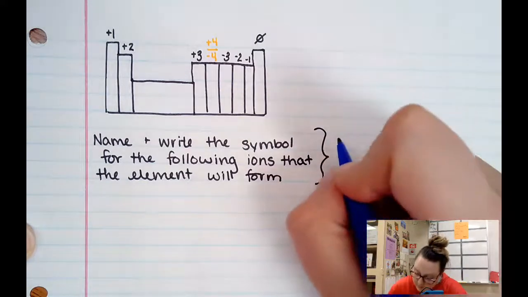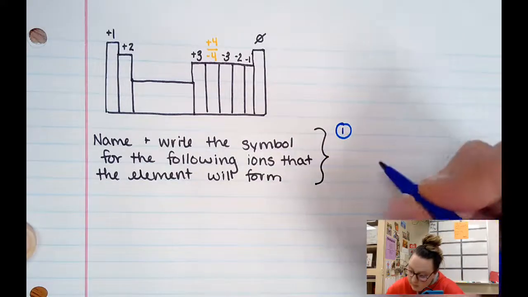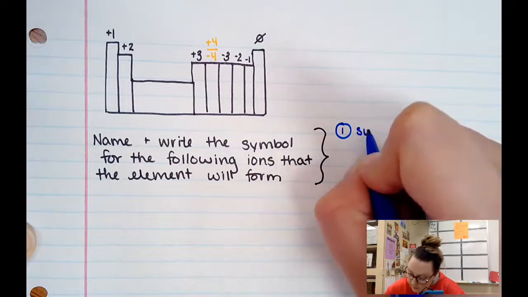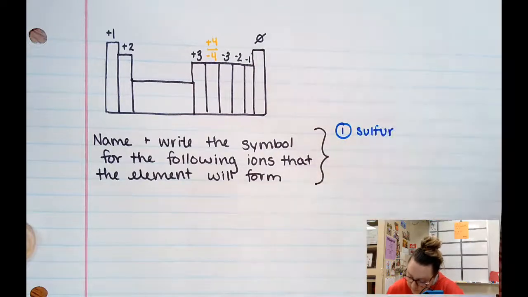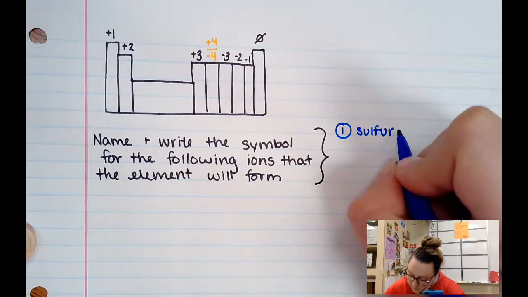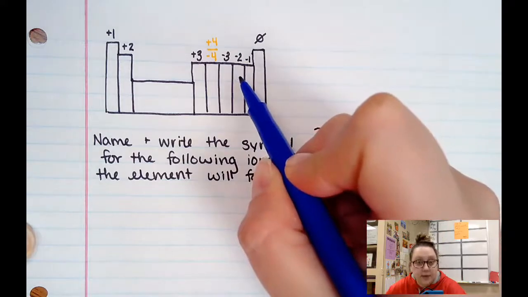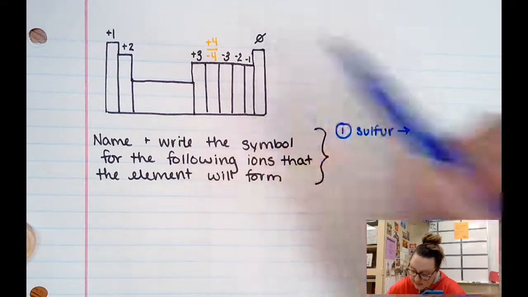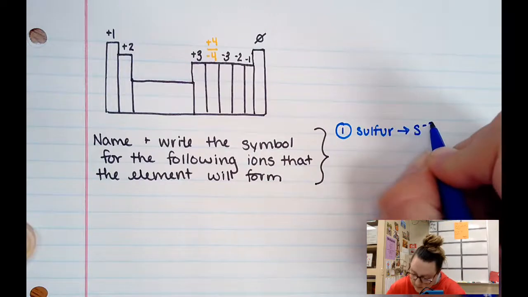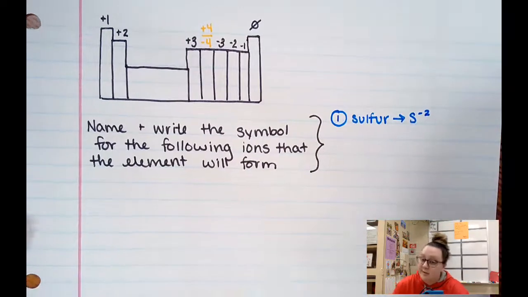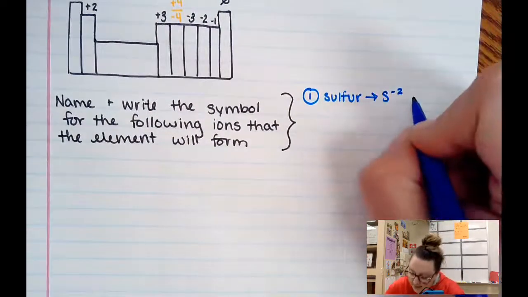All right, number 1, we'll do sulfur. We figure out where it is on the periodic table. It's right here, so it will form S-2. And because it's negative, it's named sulfide.